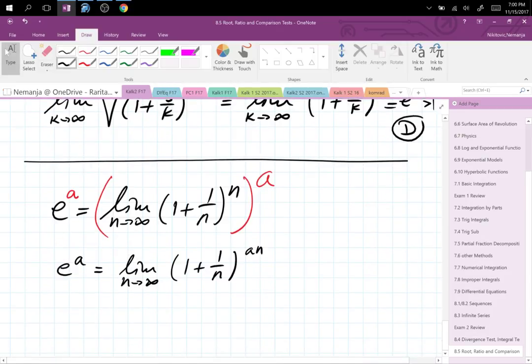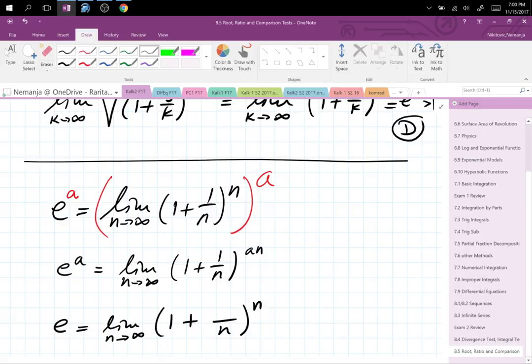But then also we have a situation where e is equal to the limit as n goes to infinity of 1 plus, I'll just put, 1 over n to the n, and now I'm going to use lowercase r. Well, that gives you e to the r.